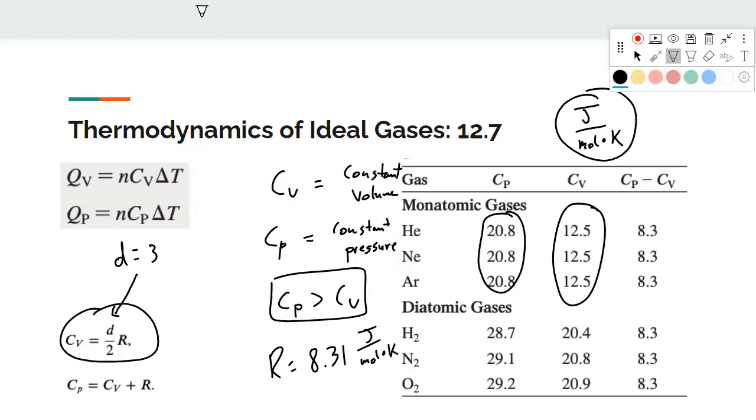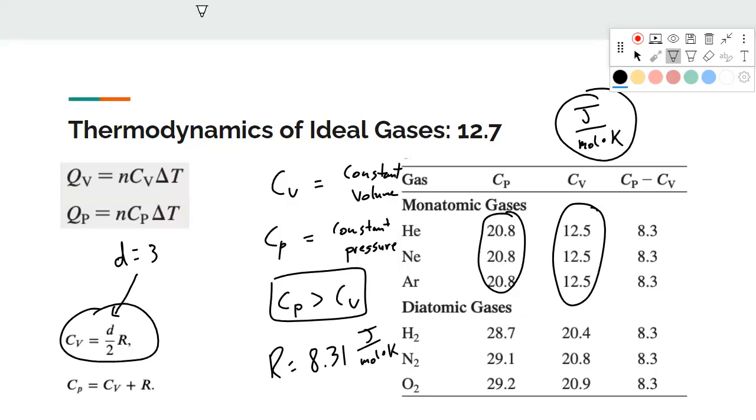You'll notice for the diatomic gases, we have some different numbers. And that's because if you think about a diatomic gas like diatomic nitrogen, which is most of the air in this room, not only can this molecule move in the X direction, the Y direction, and the Z direction, but it can also rotate, right? For a monatomic gas, if it rotates, we can't tell. Atoms just look the same no matter what direction they're in.